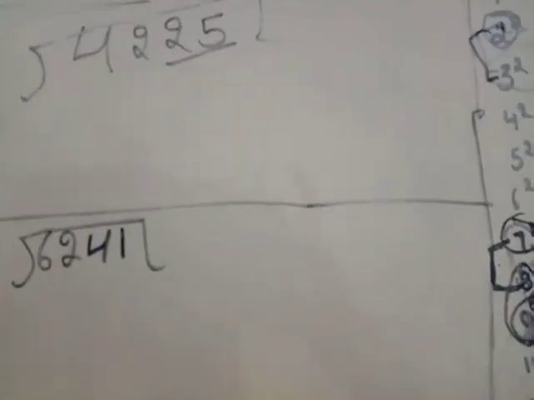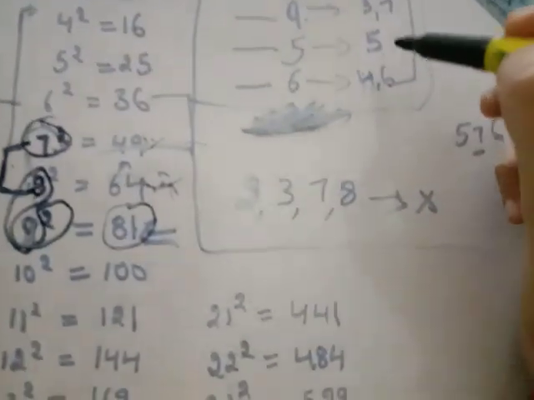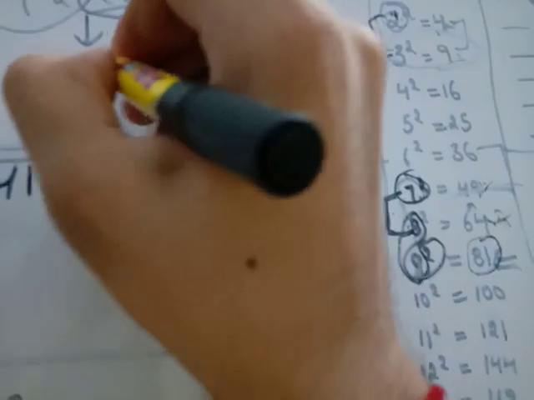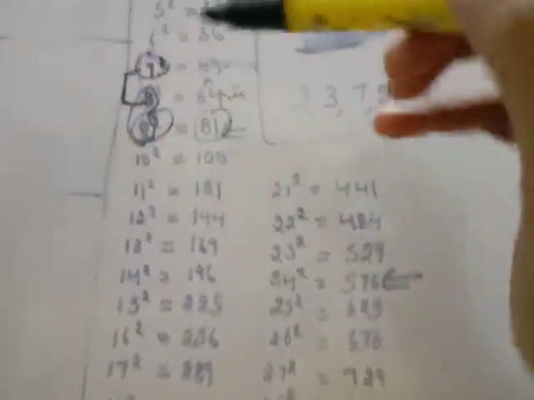In 4225, firstly make the group 1 and group 2. 5 at the units place, so there is only one possibility that 5 can be at the units place in the square root number. Okay, so as in all other examples, the number in the another group lies between the square of each number. So same we will do here.